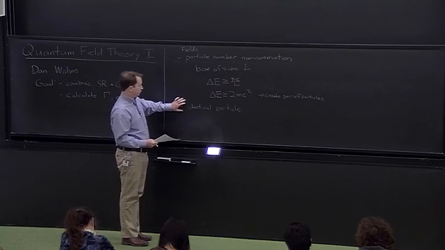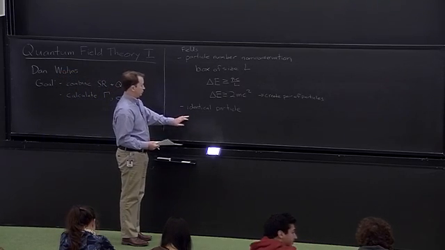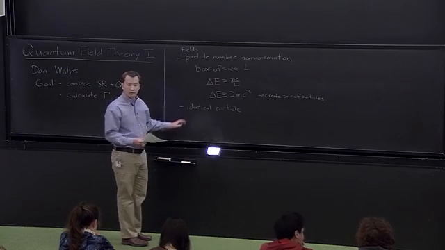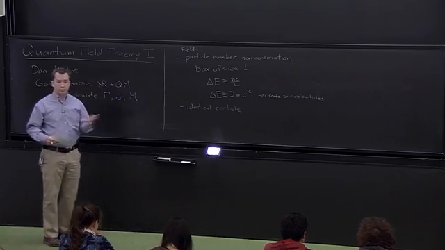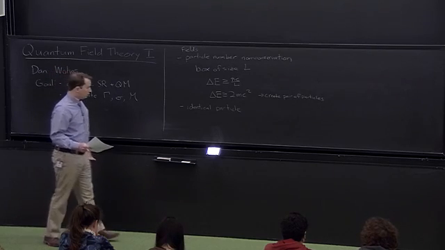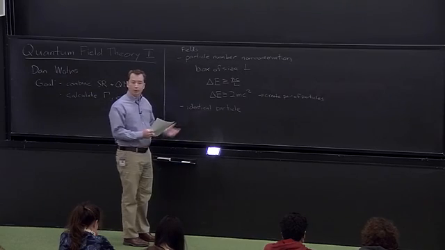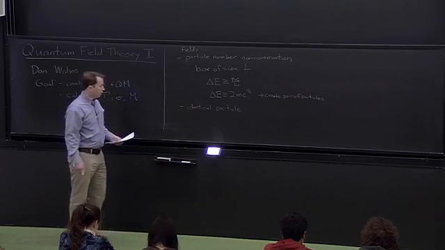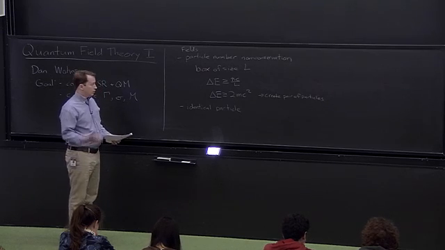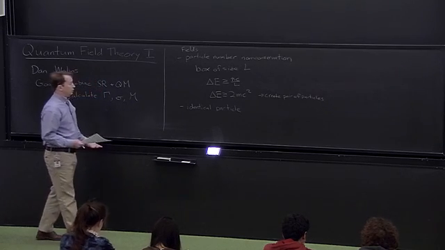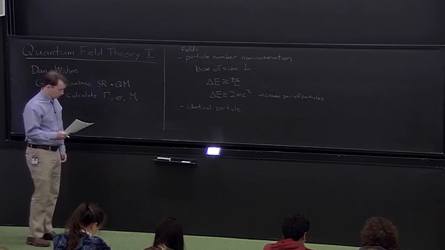And it's automatic that the properties of electrons everywhere in space and time are the same. That's something you have to put in by hand otherwise, if you didn't start from this perspective.